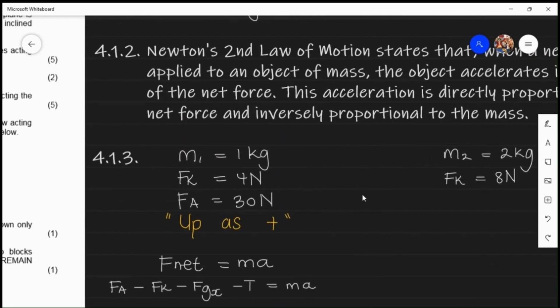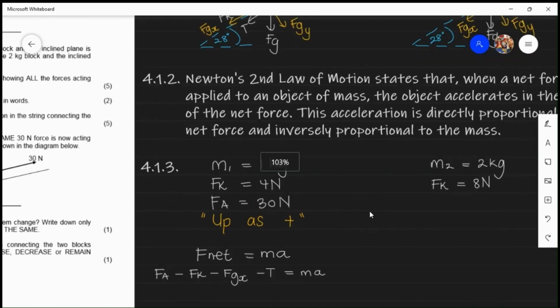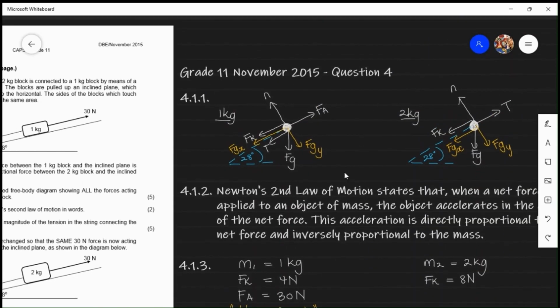Let's go back to our diagram. In our diagram, we know that Fgx is going to be the force that connects over here. So let us redraw that triangle so we can figure out our formula for Fgx.